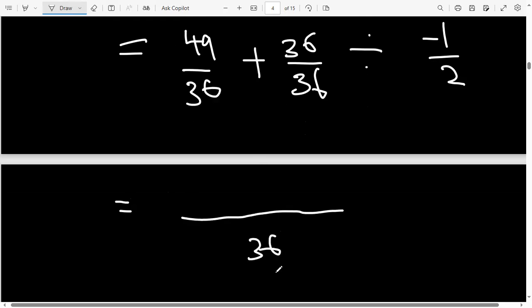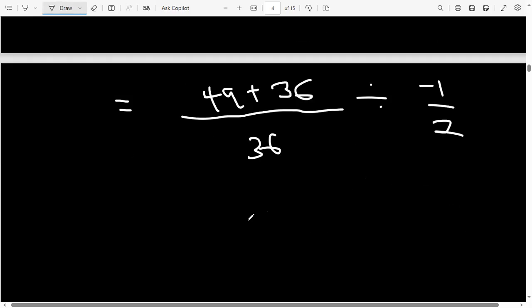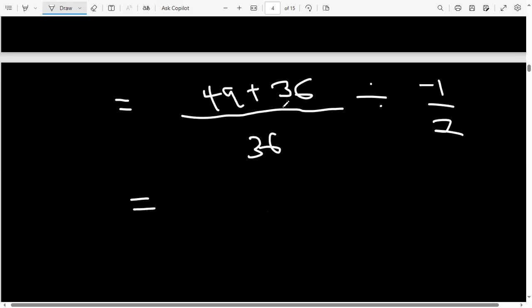Then 36 into 36, 1 multiplied by 49, you get 49. Plus 36 into 36, 1 multiplied by 36, you get 36. And then this is being divided by minus 1/2. So just add whatever you have on top there.